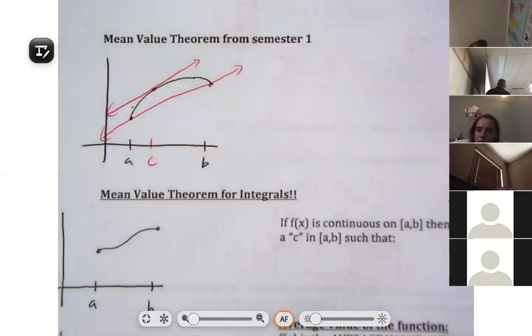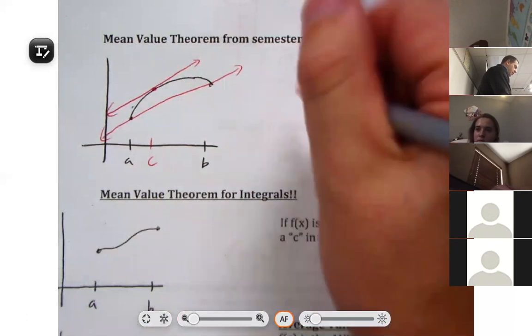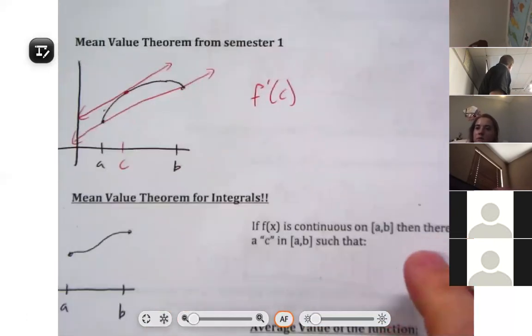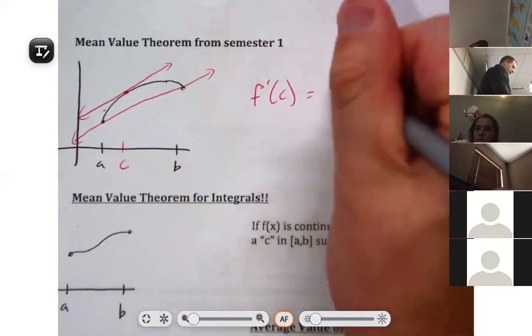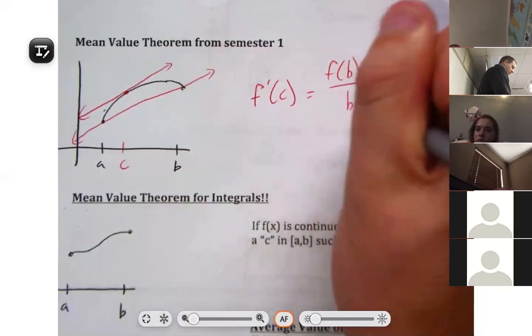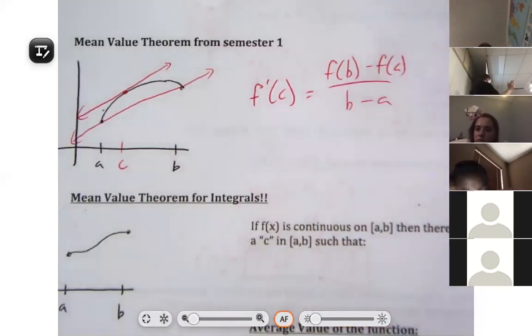That was the mean value theorem from first semester. Notationally, it said there's some point where the derivative equals the average rate of change. And then in the problems, you had to find it, yada, yada. That was the mean value theorem from semester one.